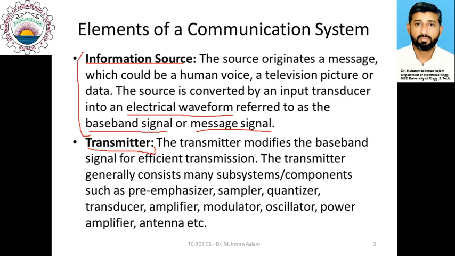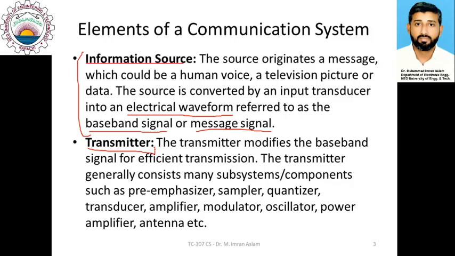Transmitter actually tries to change that baseband signal in such a way that the overall efficiency of the transmission is increased. So it makes certain changes in the signal, which we will be discussing later, and those changes are made in such a way that the overall transmission quality becomes higher as the signal becomes more suitable for the transmission.